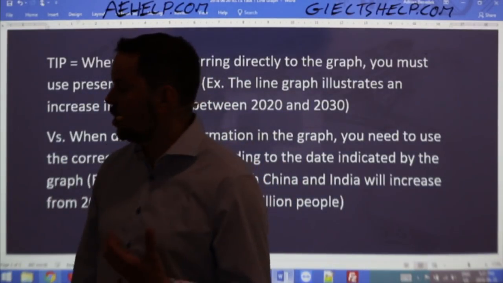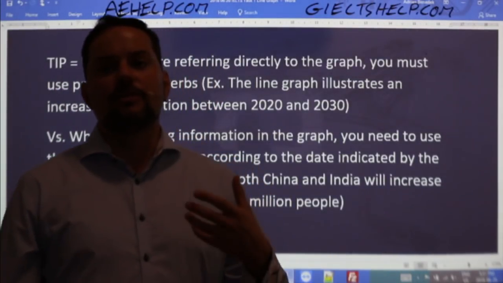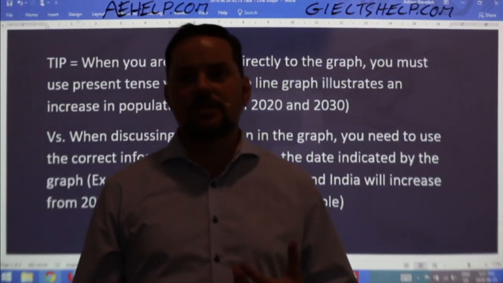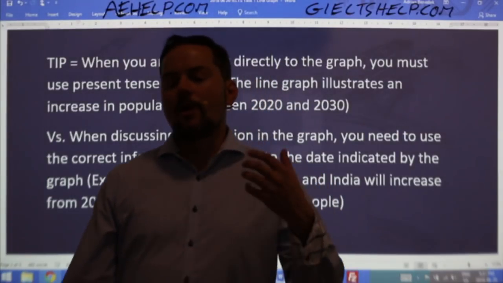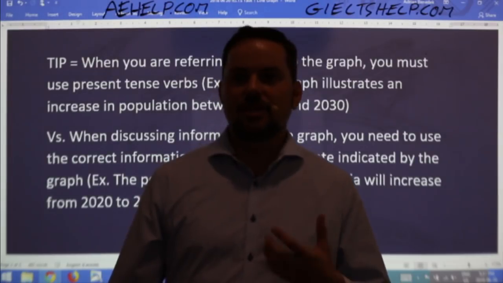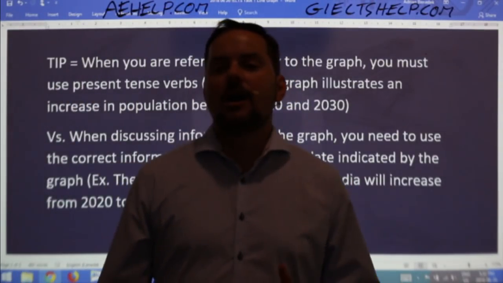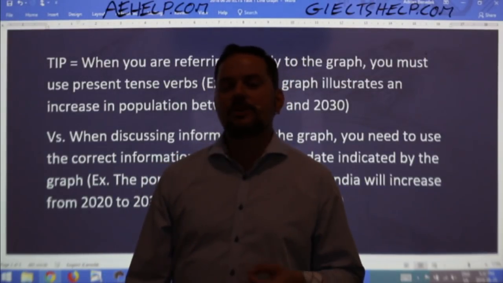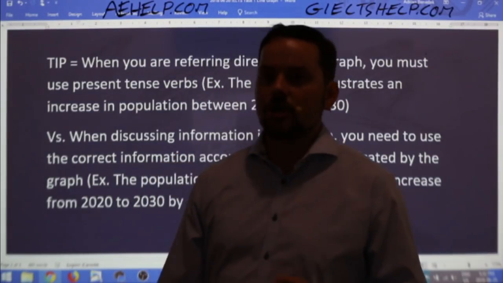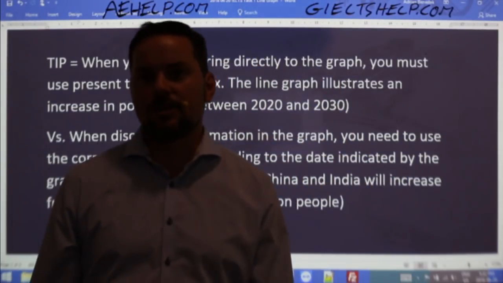The question always asks you to report the key features or the main features and make comparisons where relevant. The question does not ask you to write about all the information in the diagram or the graph. You can run out of time easily that way, so please don't do that. Please make sure that you focus on five, six key pieces of information.